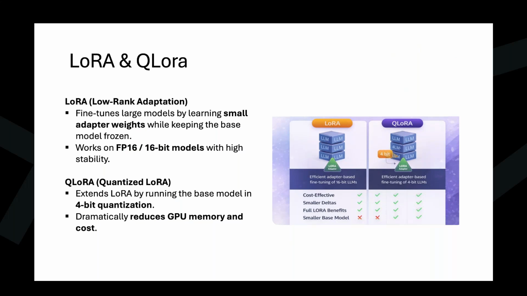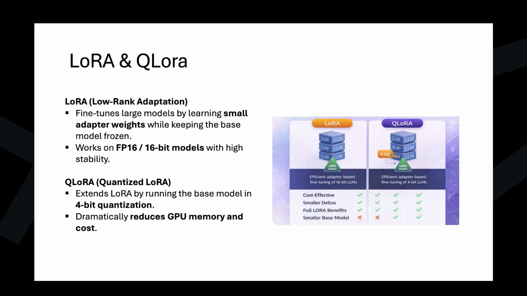The only difference between LoRA and QLoRA is that you can reduce the quantization. What that means is reducing the memory footprint. In LoRA, it keeps the floating point at the maximum precision, while in quantized, it gets reduced.